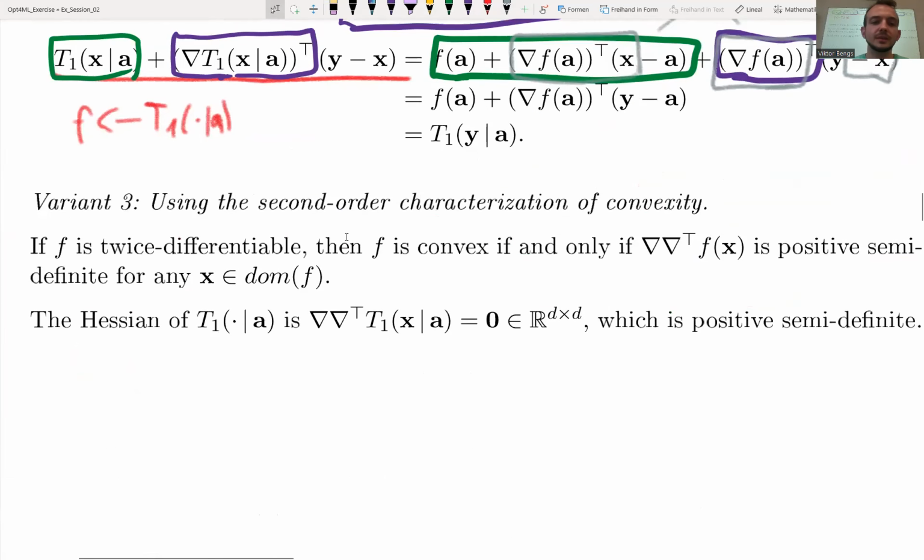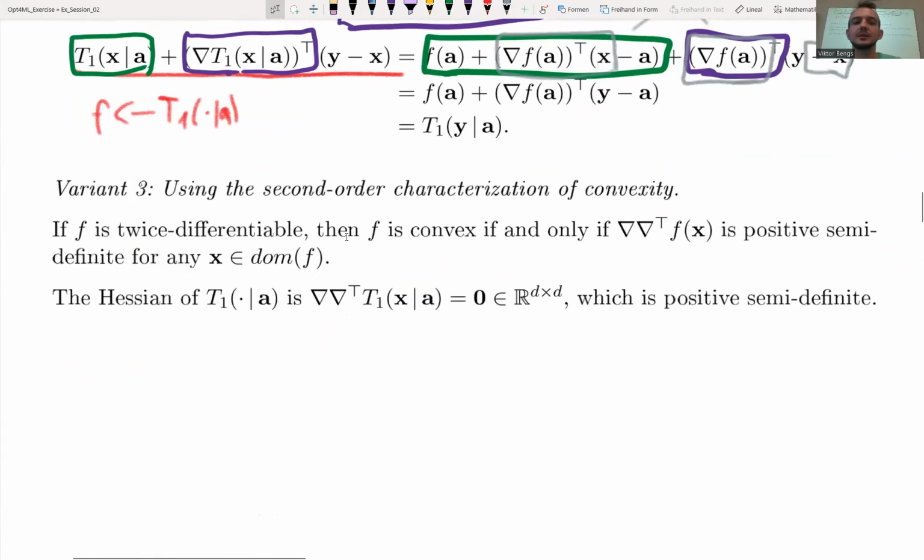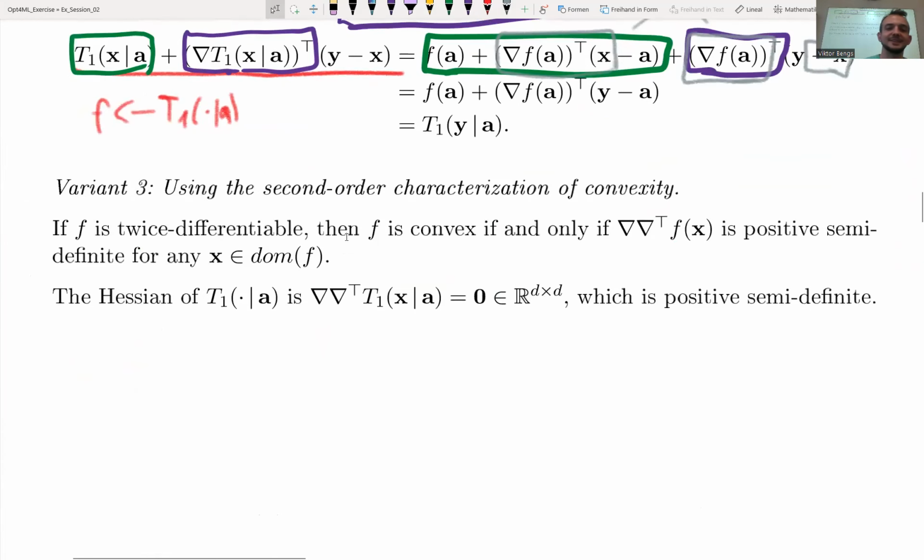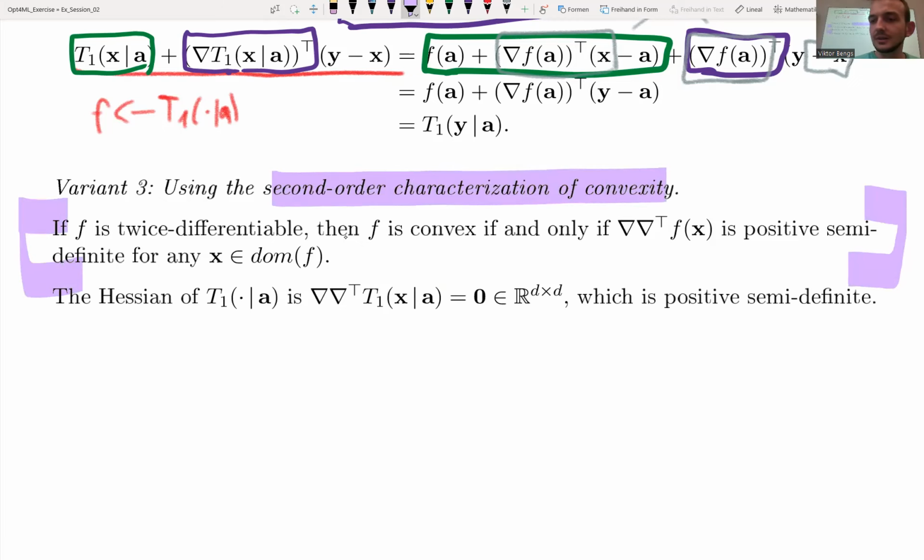All right, then third variant, perhaps the most common one to verify convexity of a function, is the second order characterization of convexity, for which, as we learned today, second order is always referring to the second derivative, or the Hessian matrix.